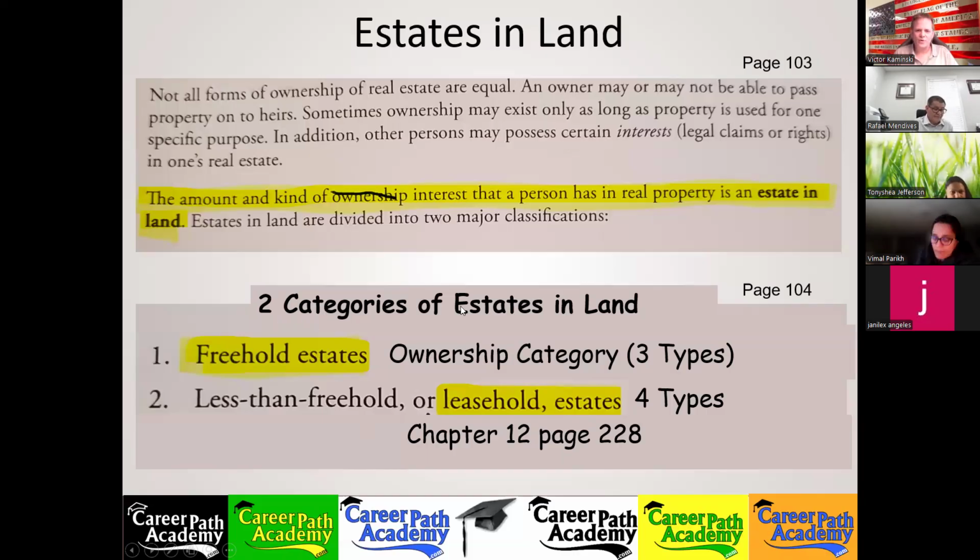There are two categories of estates in land. You're going to highlight freehold estates, and then you're going to write ownership category, and then in brackets, write three types. And then highlight leasehold estate, and then in brackets, write four types. And then write chapter 12, page 228.